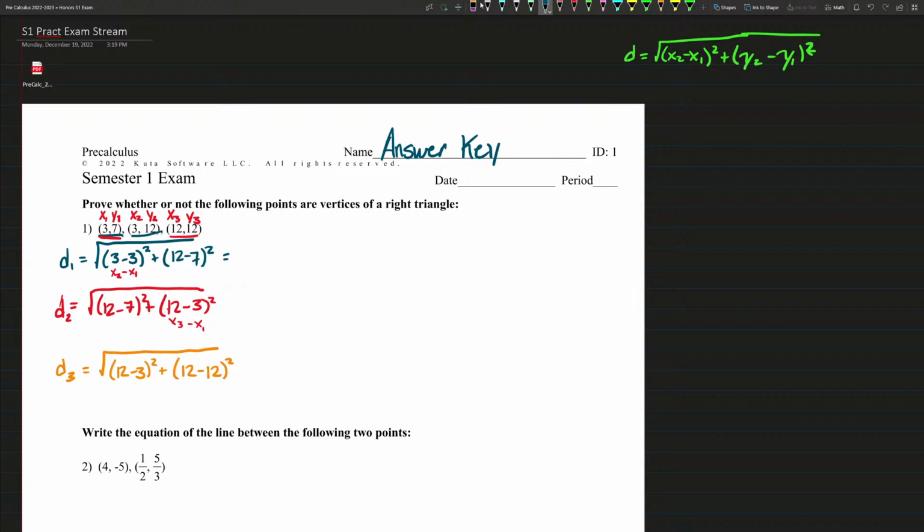Okay, so D1, 3 minus 3 is 0. 0 squared is also 0. 12 minus 7 is 5. 5 squared is 25. D2, 12 minus 7 is 5. 5 squared is 25. 12 minus 3 is 9. 9 squared is 81. Twelve minus 3 is 9. 9 squared is 81. 12 minus 12 is 0, so we just get 81.